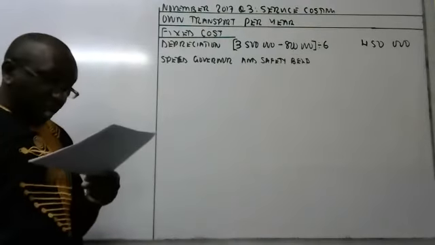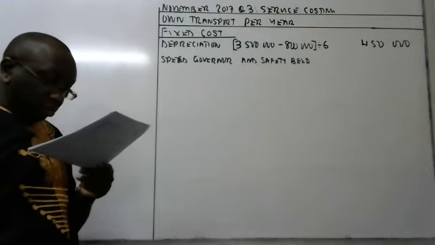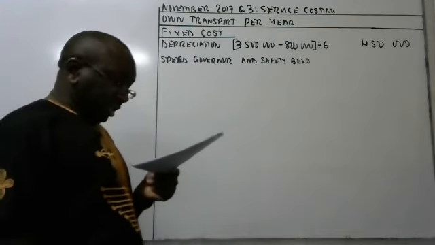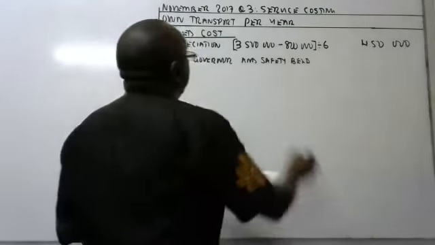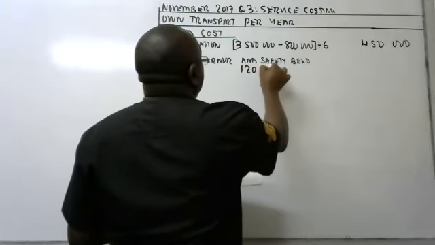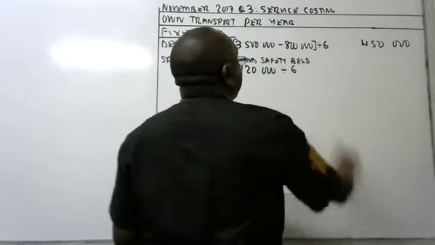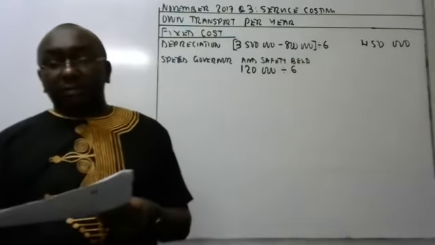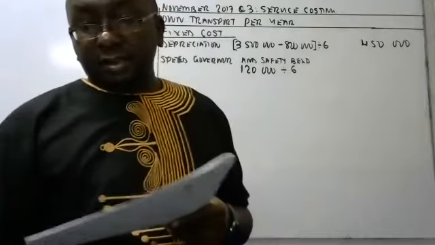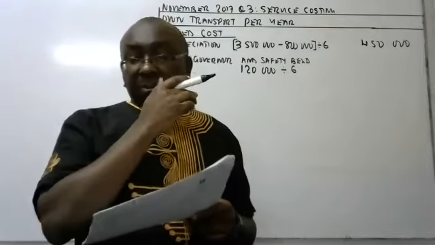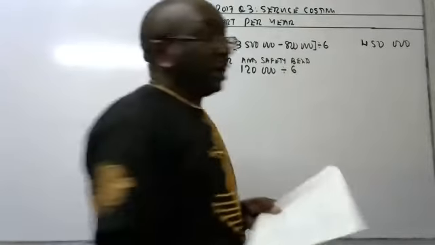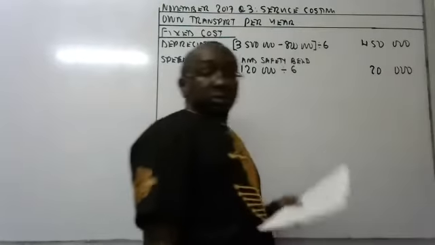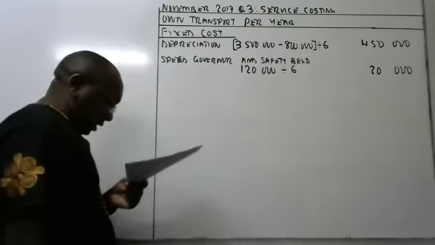We are told by information 2 that this will be 120 and will be allocated over the useful life of the vehicle. So it will then be 120,000 you divide by 6. That is also a fixed cost. How much is that? Yeah, good. I can see 20,000 coming. 20,000.